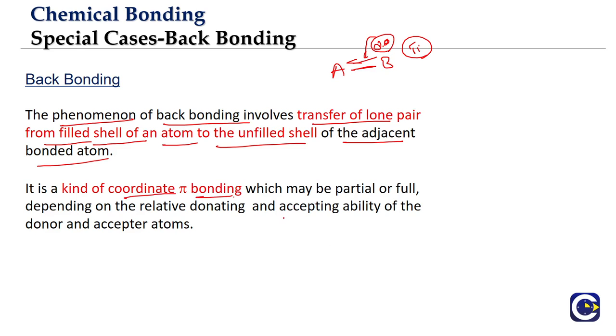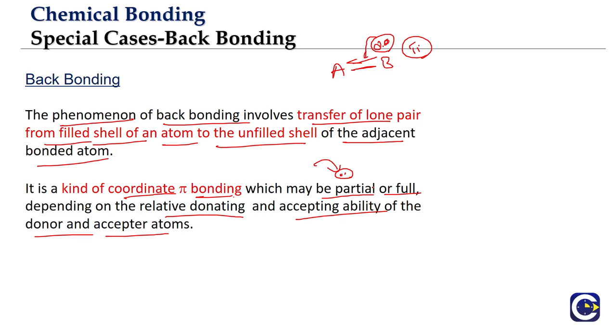When we go to the special cases, we will see that the coordinate pi bond may be partial or full depending upon the donating and accepting ability of the donor and acceptor atoms. Sometimes we have a complete coordinate bond, which means a pair of electrons is donated, and there are examples where there is a partial coordinate pi bond.